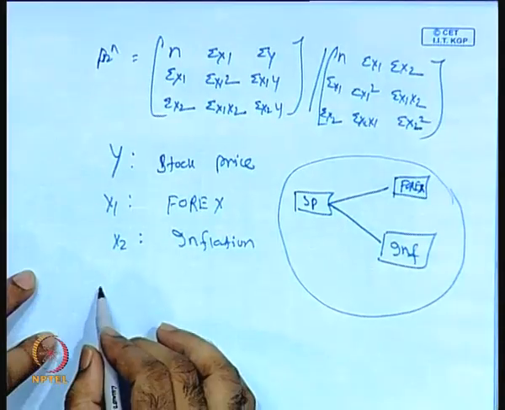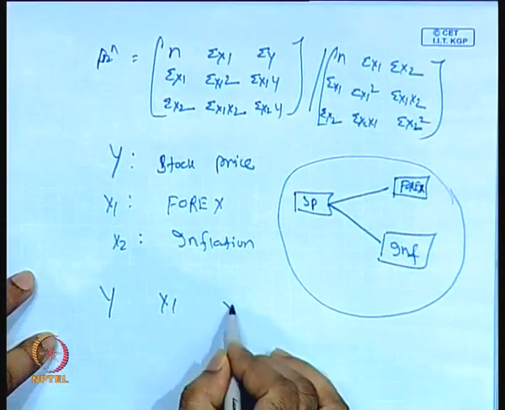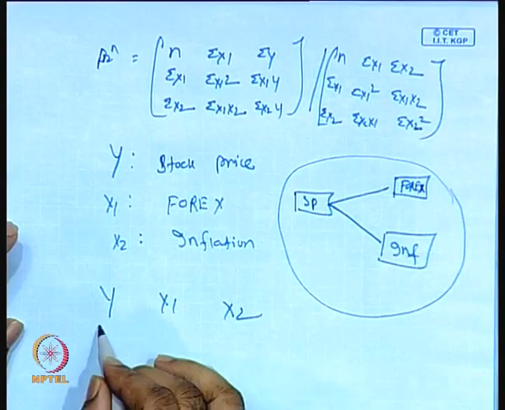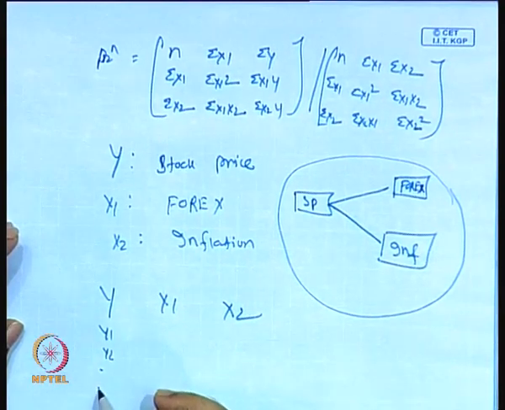Now if you use statistical software, then obviously in 3 different columns you must have information, like this: y, x1 and x2. We have already identified what is y, what is x1 and what is x2. So you must have information like y1, y2 up to yn.